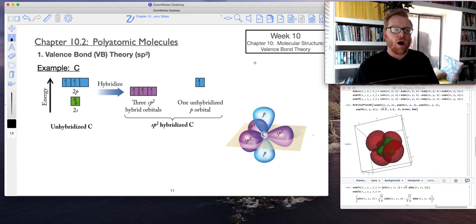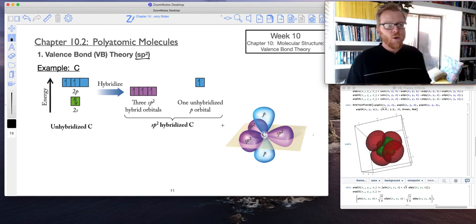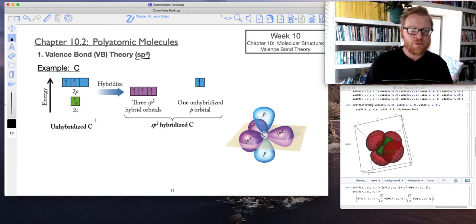So moving along, let's talk about sp2. So sp2 occurs when we still have this promotion, or excuse me, rather, I misspoke here. So sp2 happens when one of our p electrons is left out, and one s and only two p's hybridize.